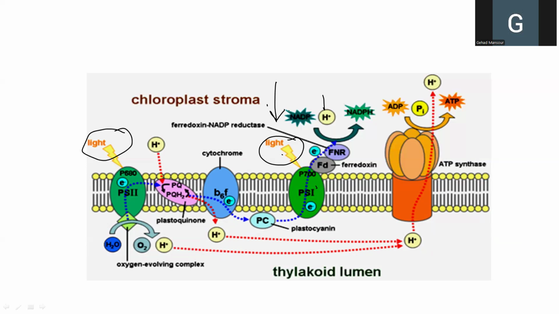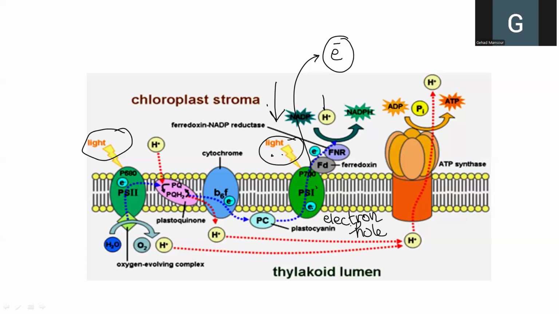Meaning what? Meaning that it's true that light falls onto the 2 photosystems at the same time. And it is true that photosystem 1 will also lose an electron upon being activated. But this time, the electron hole inside the reaction center or chlorophyll A of photosystem 1 will not be replaced by electrons from water.